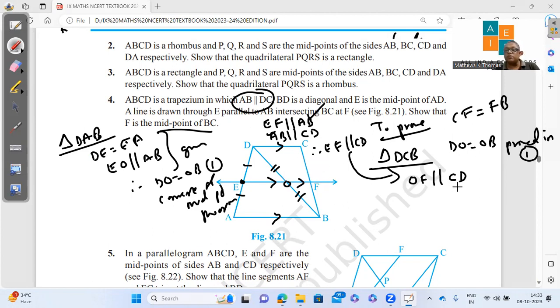And if OF is parallel to CD, and O is the midpoint, we can say that F will also be the midpoint. In other words, CF will be equal to FB by the converse of the midpoint theorem.